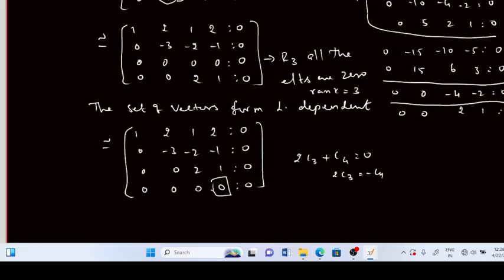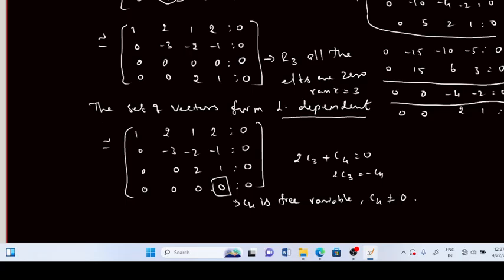So c4 is a free variable, which means we can assign any value. That is, c4 is not equal to 0, c3 is not equal to 0, and similarly c2 and c1 are also not equal to 0. Hence it is not linearly independent. The set of vectors is linearly dependent.